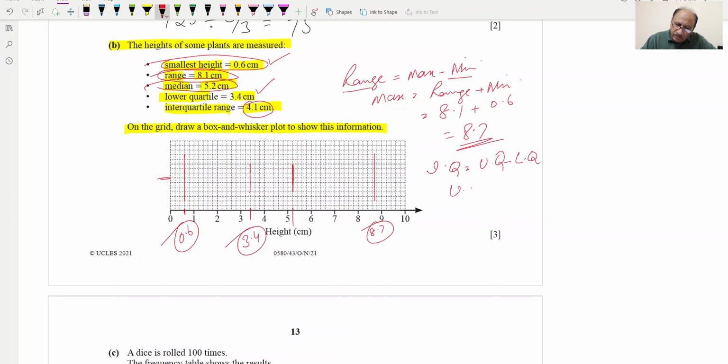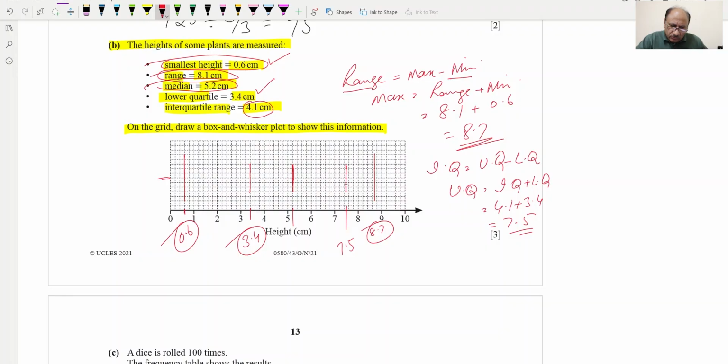So upper quartile will be equal to interquartile range plus lower quartile, and lower quartile is 3.4 and interquartile range is 4.1. So 4.1 plus 3.4 will be 7.5, and 7.5 will be in the middle over here. So 7.5 I'm indicating over here, and hopefully you are understanding each and everything.